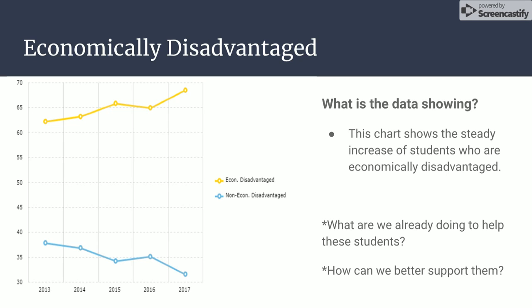We have many things that we do. We're providing a safe place for these students when they need it. We're providing structure and routines. We have Capturing Kids' Hearts, which is promoting positive classroom environments. The last question I want you to think about is, how can we better support these students? Should we better support these students? What can we do to help the majority of the students that are coming to us?